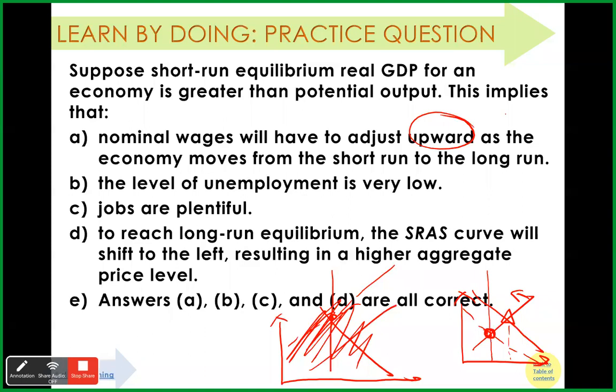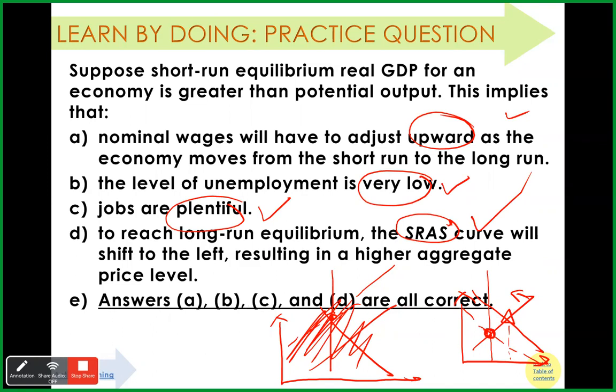This is correct. Level of employment is very low. It's correct. Jobs are plentiful. That's correct. To reach long-run equilibrium, short-run aggregate supply will shift to the left, because the wage eventually will rise. That's also correct. So answer E is correct.